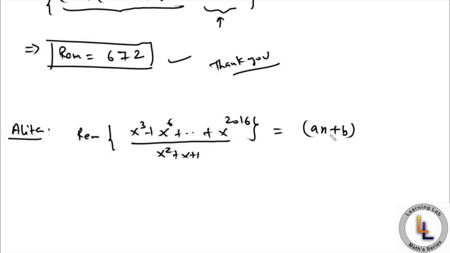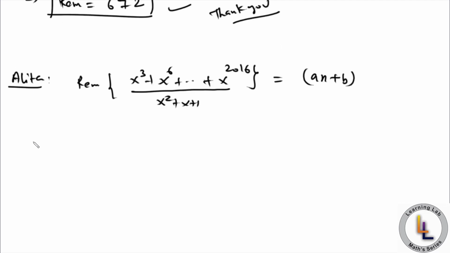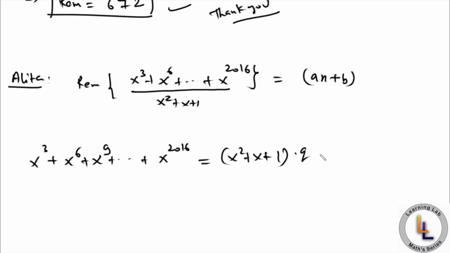So using the division algorithm, we can write this as x cube plus x raised to power 6 plus x raised to power 9 up to x raised to power 2016 equals (x square plus x plus 1) into some quotient q(x), plus our required remainder r(x), which is always in the form ax plus b, right?